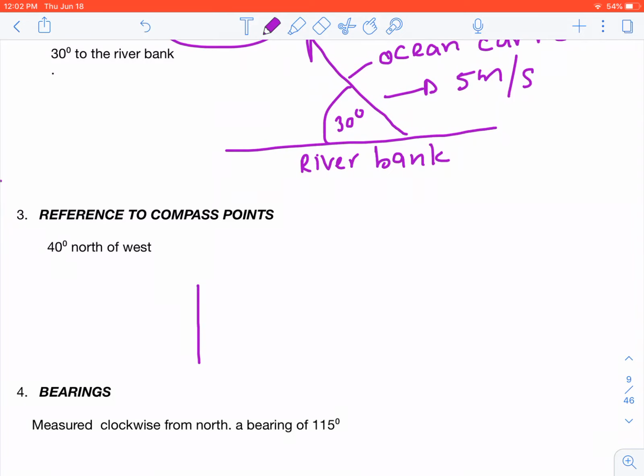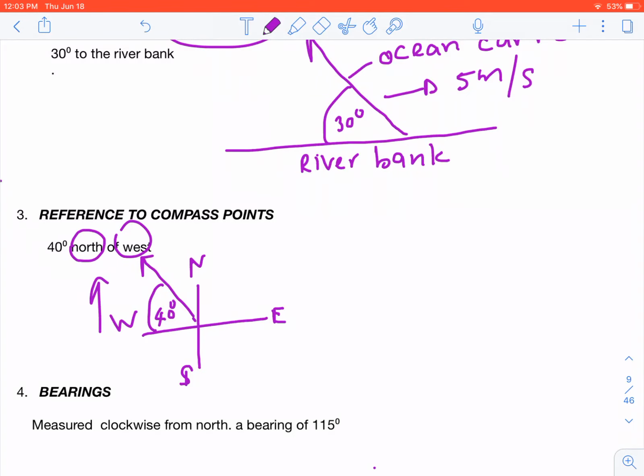Here we can have, for instance, that is north, that is east, that is south, and that is west, right? If we now have, let's say, a vector in that direction, and let's say that is now 40 degrees, right? So it's 40 degrees going towards the north of west, so it's moving in that direction.